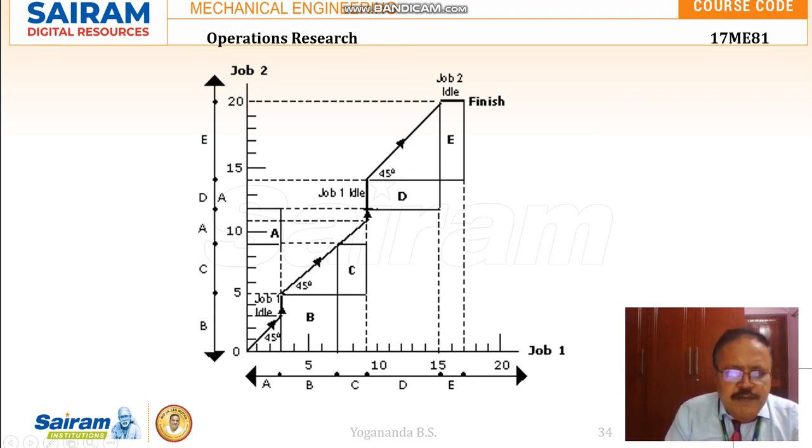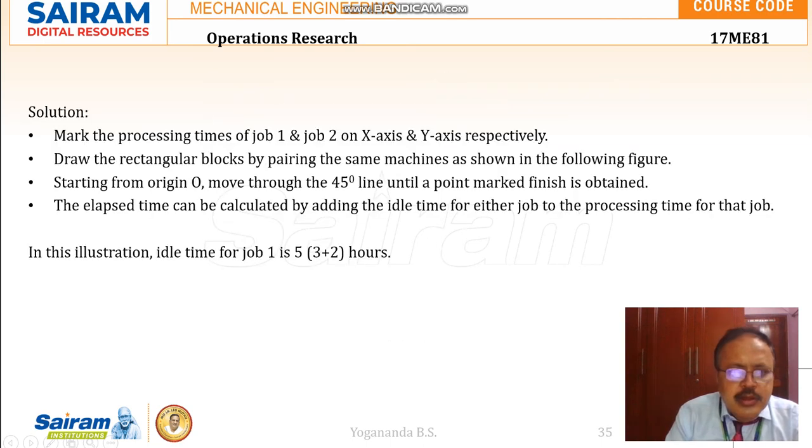That means if one job is getting processed on this particular block, another job cannot be processed simultaneously. So A, B, C, D and E. So draw the rectangular blocks by pairing the same machines on the x-axis and y-axis.